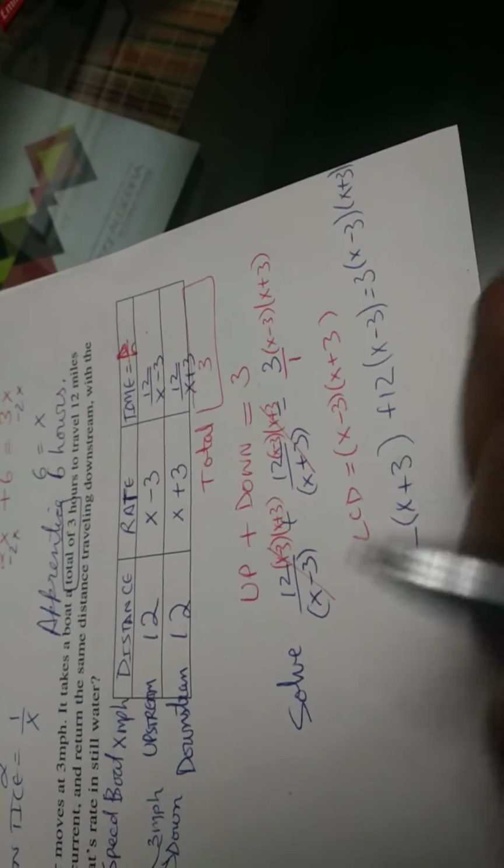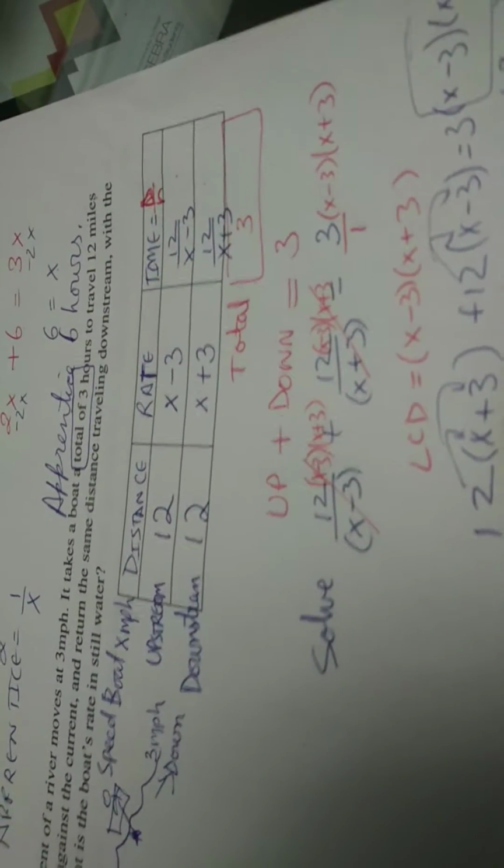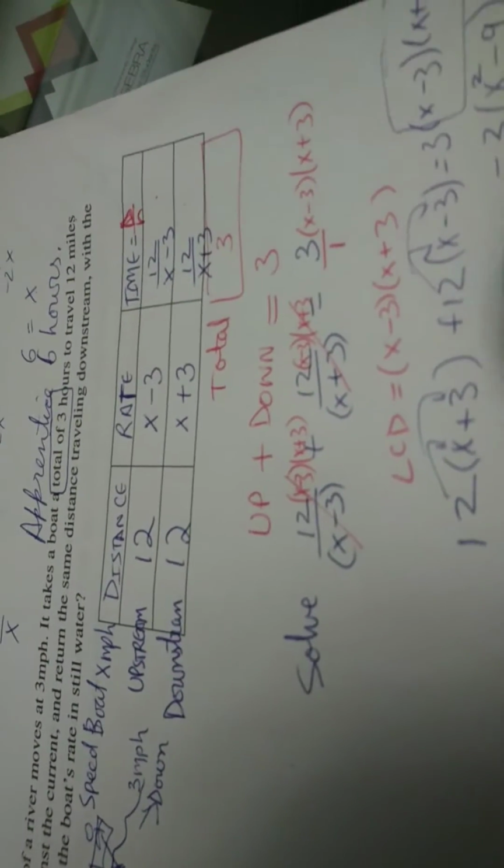So we need to simplify. First we will get rid of the parentheses by distribution, and always FOIL these first, which would be a difference of 2 perfect squares. So this gives you x squared minus 9, and this will give you 12x plus 36 plus 12x minus 36.